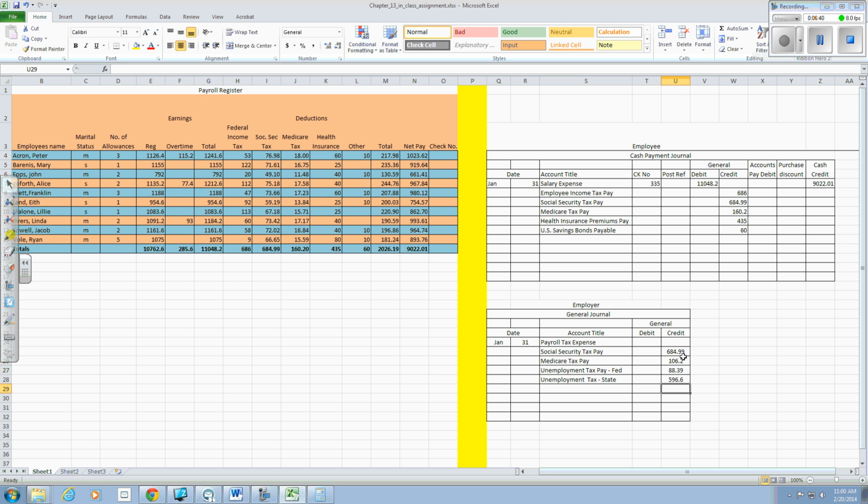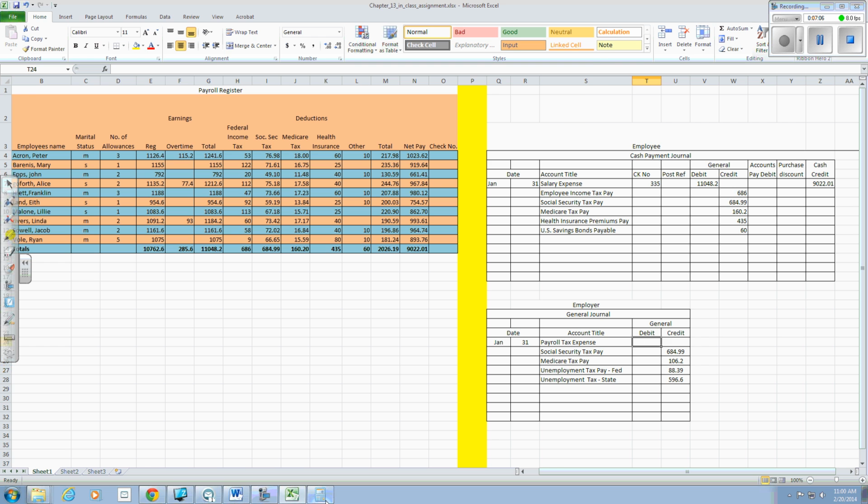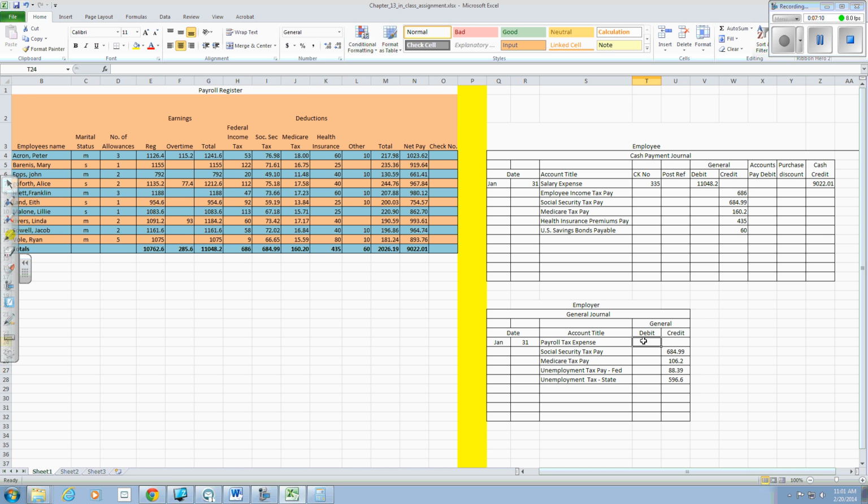So obviously, if we go back to the very basics, our debits have to equal our credits. We're going to add up all those, and that's how much our payroll tax expense is going to be. So let's do that all together: $684.99 plus 160.20 plus 88.39 plus 596.60. It's going to be $1,476.18.